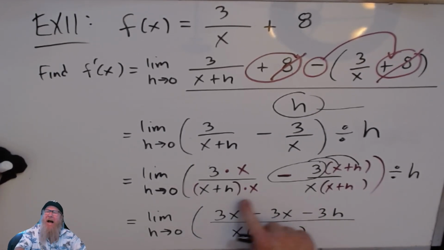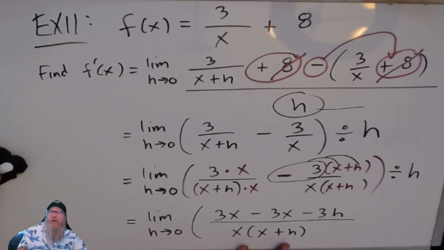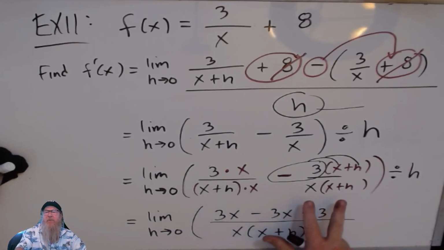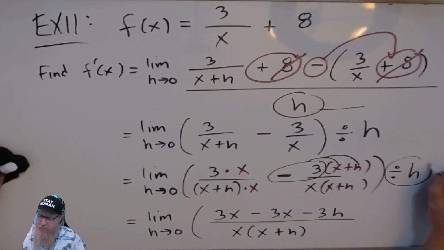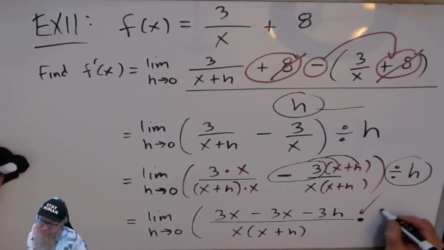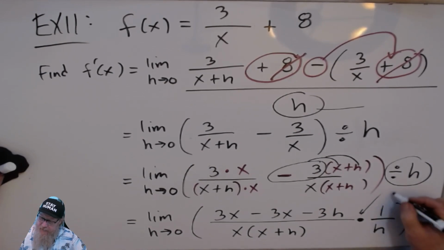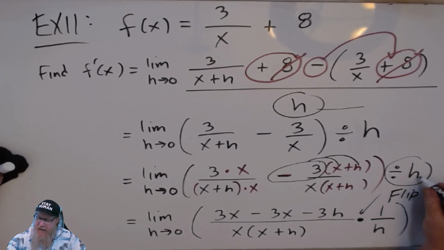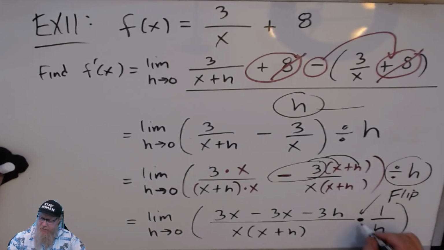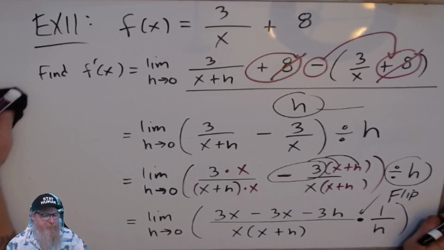I've written one of them backwards here, but in the final step, I usually just write it this way, x plus h, although it doesn't matter. I call this tomato. Makes no difference to me. And then remember old school, flip and multiply. You're flipping over the h, it becomes 1 over h, and then you change to multiplication.